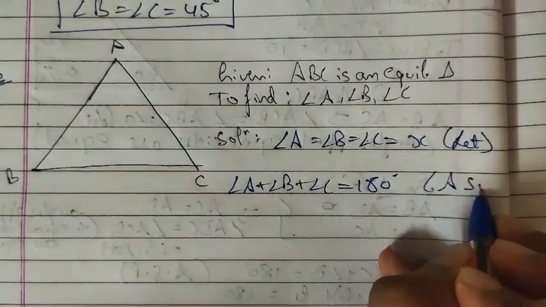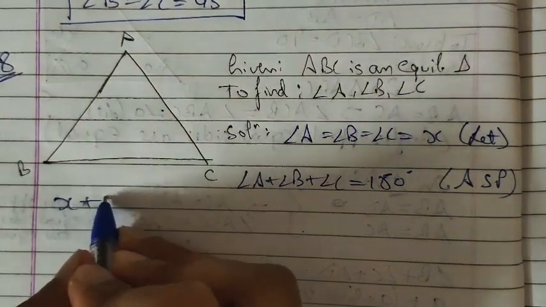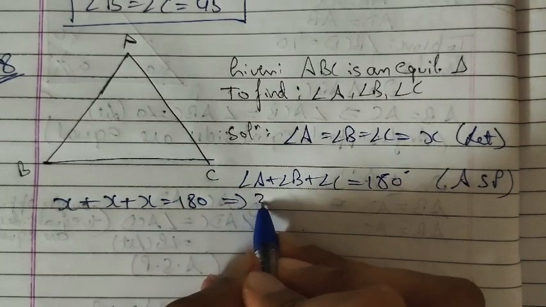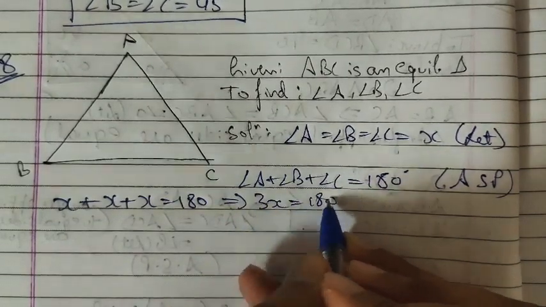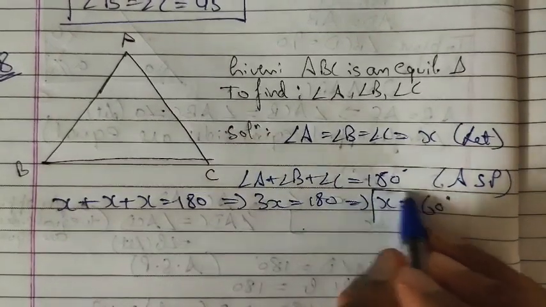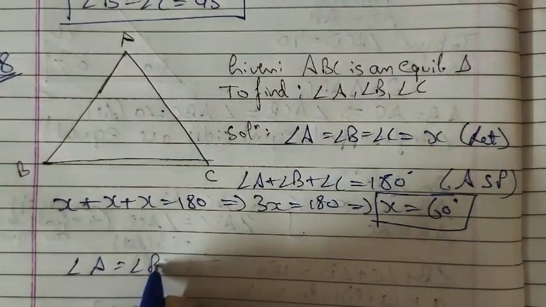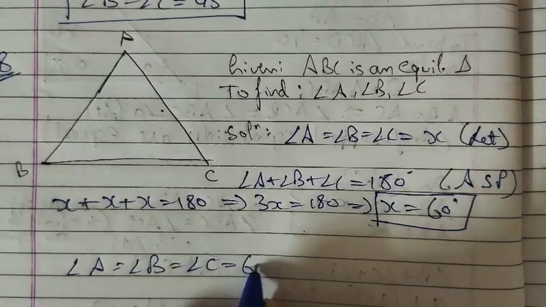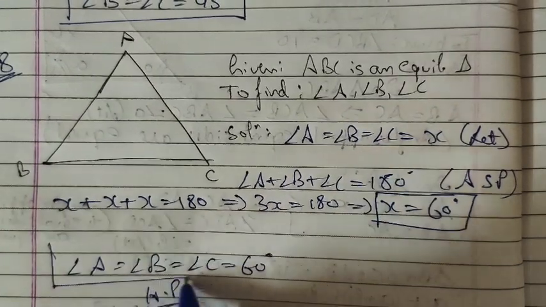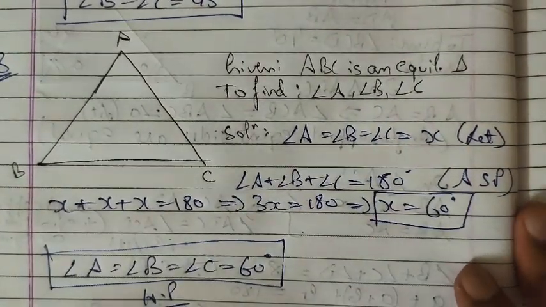Reason is angle sum property. So X plus X plus X is equal to 180. This implies 3X is equal to 180. This implies X is equal to 60 degree. This implies angle A is equal to angle B is equal to angle C is equal to 60 degree. Hence proved. So we have to prove that angles of an equilateral triangle are equal to 60 degree each.